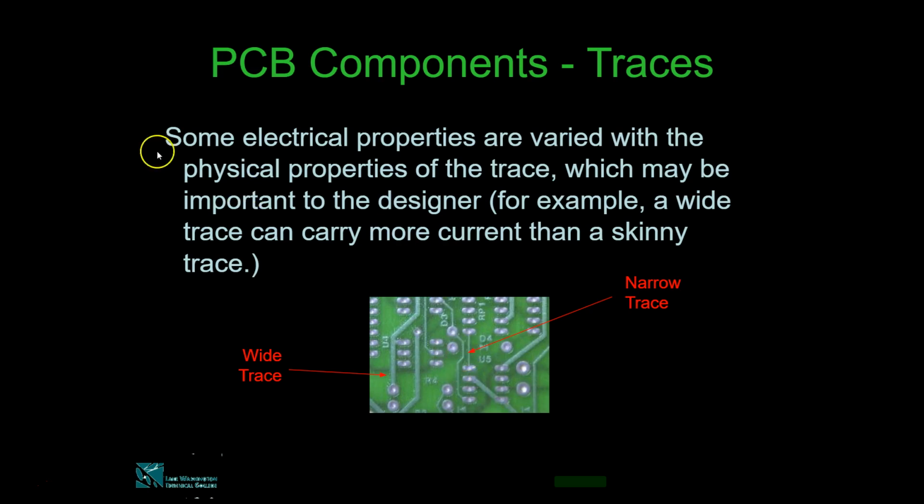Some electrical properties vary with the physical properties of the trace, which may be important to the designer. For example, a wide trace can carry more current than a skinny trace. So this trace might carry more current compared to the current in this narrow trace.